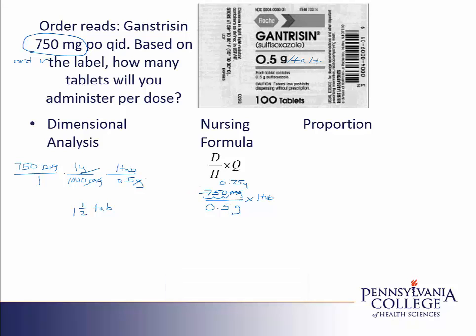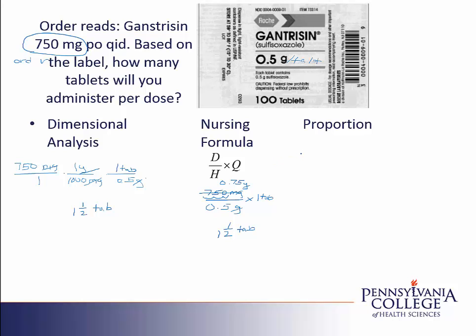Now the labels from desired and have cancel, and so I'm ready to do the math. On my calculator, 0.75 divided by 0.5 times 1 gives me an answer of 1 1/2 tablets. My final method is the proportion approach.